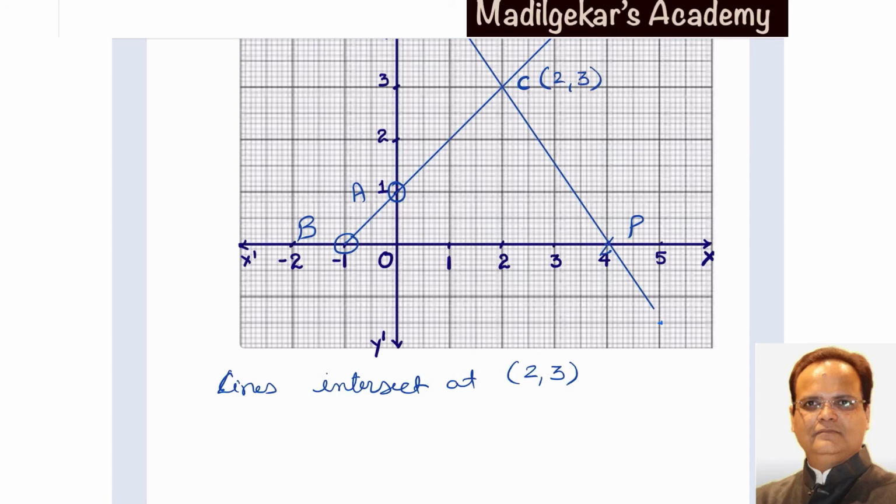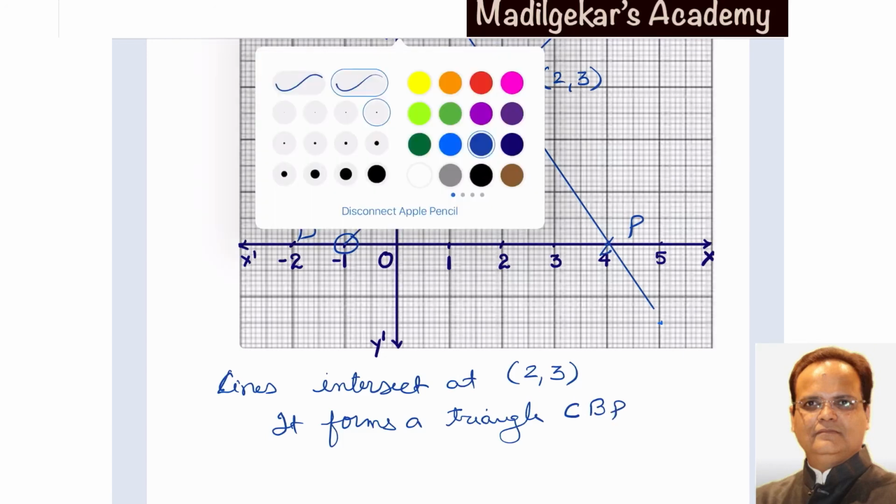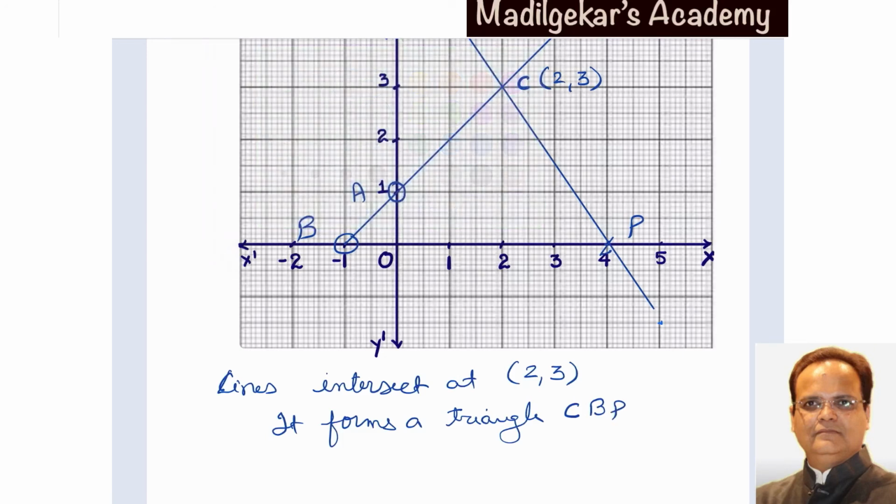So it forms a triangle, triangle CBP. So this is the required triangle. So this completes exercise 3.2. Thank you.